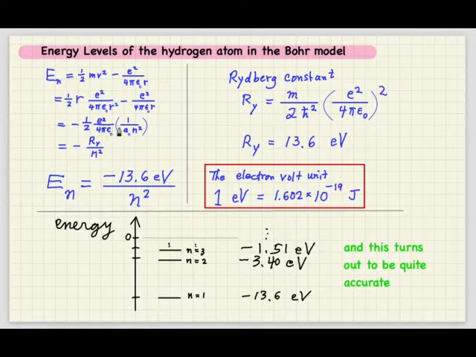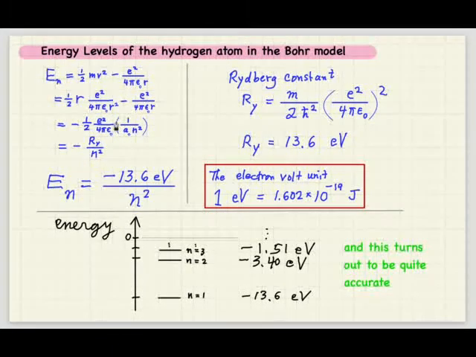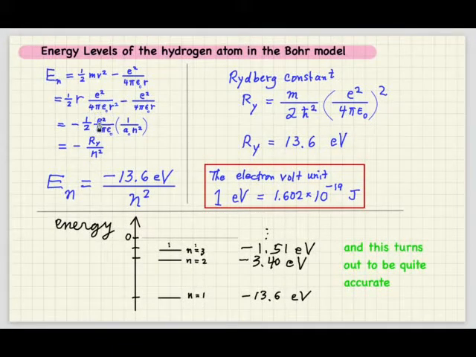Now, if we look at this combination, we can see what the Rydberg is. It's e squared over 8 pi epsilon 0 a0. Well, let's try to figure out what it is. There's a factor of 1/2. Then it's e squared over 4 pi epsilon 0 a0.